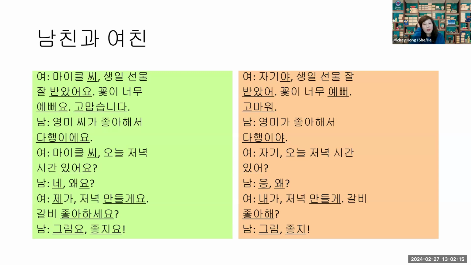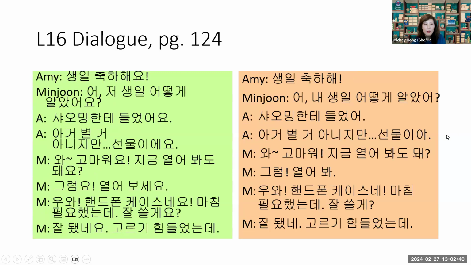Like yeah, why? 내가 저녁 만들게. 갈비 좋아해? 그럼 좋지. All the yo's are gone. Maybe it's the same couple, a few months or years later down the line. They're very close now, and they have agreed at some stage to drop the yo and be very casual with each other.